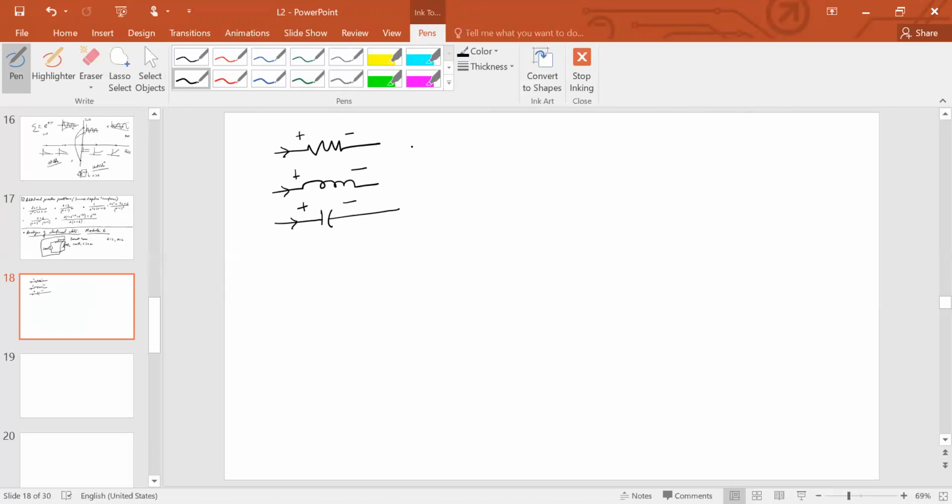The equations for these are given by V = Ri, V = L di/dt, and V = (1/C) integral from 0 to t of i dt.